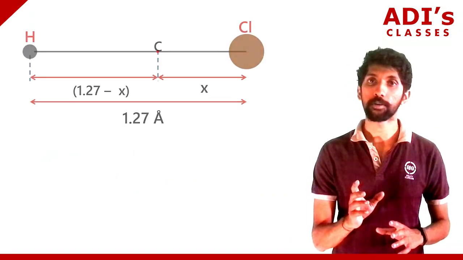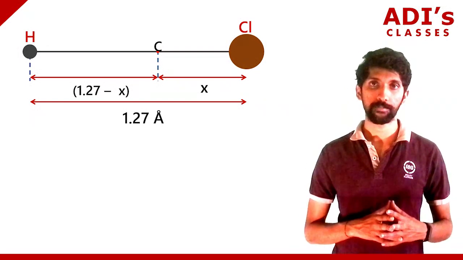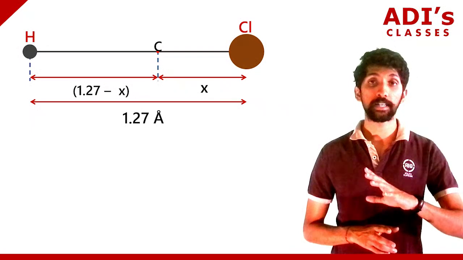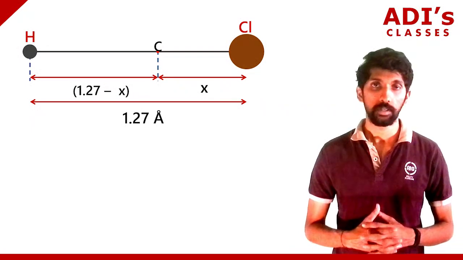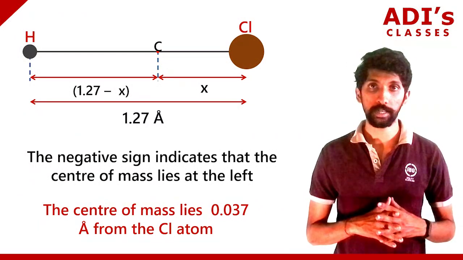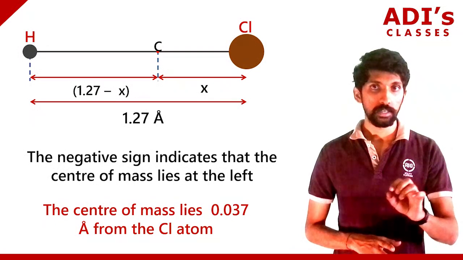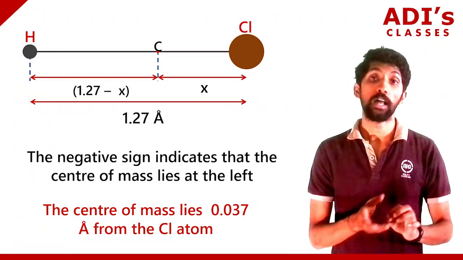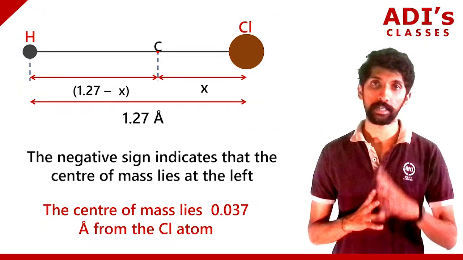Now this is very important because we have certain sign conventions. Whenever we get a negative sign, it means that it is to the left of whatever reference you are taking. Here our value of x was from the chlorine atom, meaning the center of mass is 0.037 angstrom left of the chlorine atom.